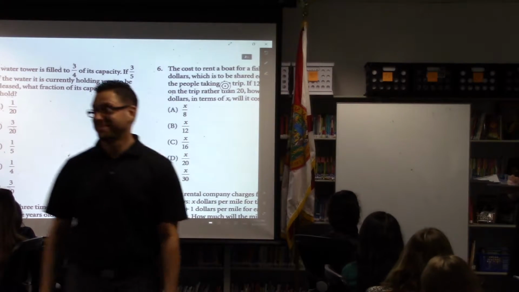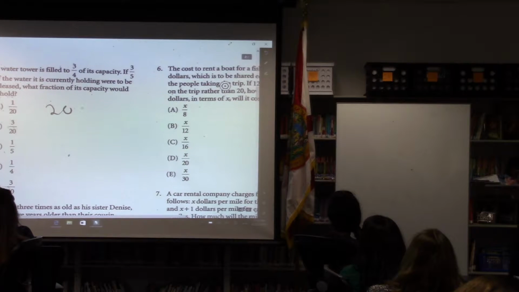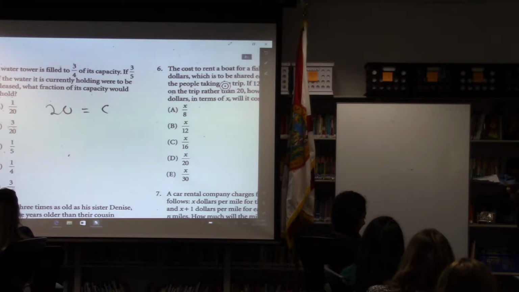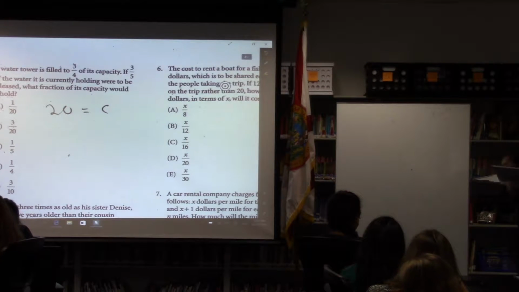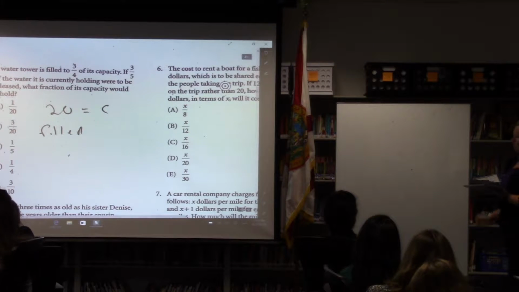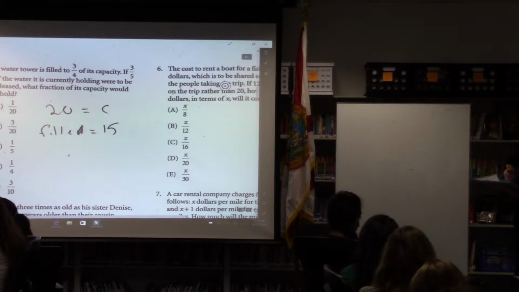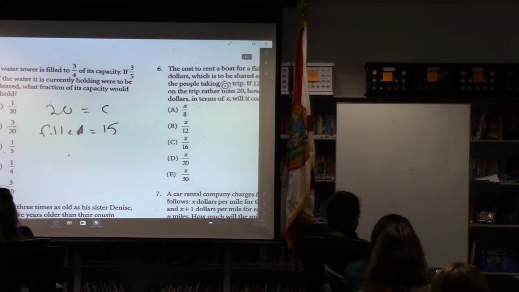Okay, so we have 20. So we're going to say our capacity is 20. Now it says that the water is filled to 3/4 of its capacity. So how much is it filled to, guys? What's 3/4 of 20? 15. Okay, and then 3/5 of the water it's currently holding.